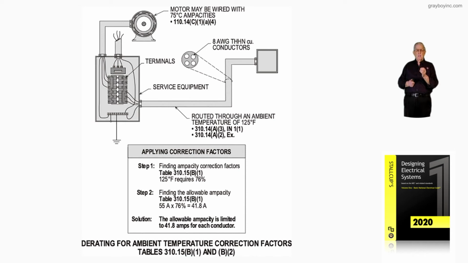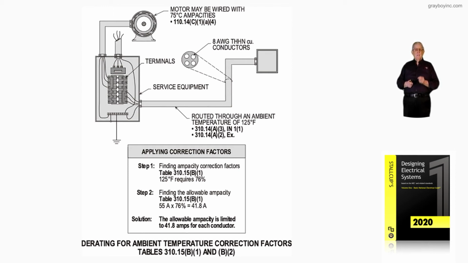We have to pick up an 80% derate or 70% derate. Based upon 4 to 6, it'd be 80, but we're over 6 up to 9, so we have a 70% derate. So now let's go to the boxed-in information, and apply what we have just gone over.